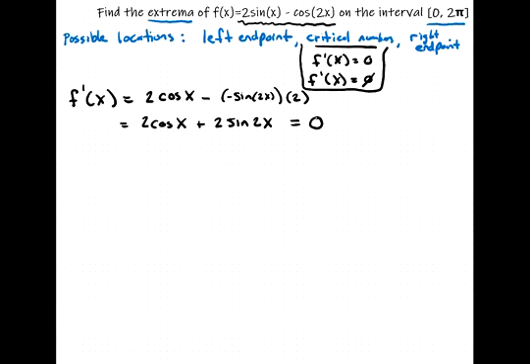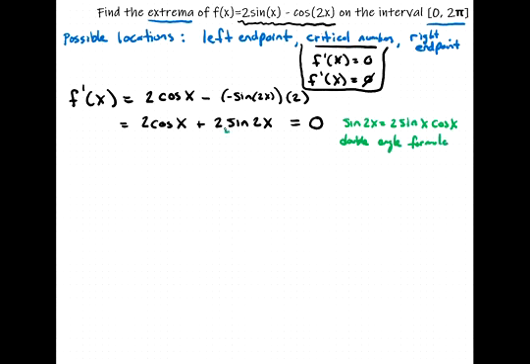Now the first thing we see is, well, the cosine function has an argument of x, and the sine function has an angle of 2x. So since those aren't the same, that causes some problems, but we have the double angle formula for sine, and we know that the sine of 2x is equal to 2 sine of x cosine of x. That's the double angle formula.